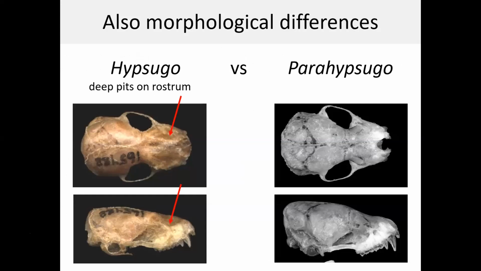But if you look at a Hypsugo skull, the rostrum, the snout, has two deep pits, one on either side. Very, very obvious. But in Parahypsugo, that rostrum is smooth. Those pits are absent. So it's not just genetics, there are also morphological characters that support this genus.